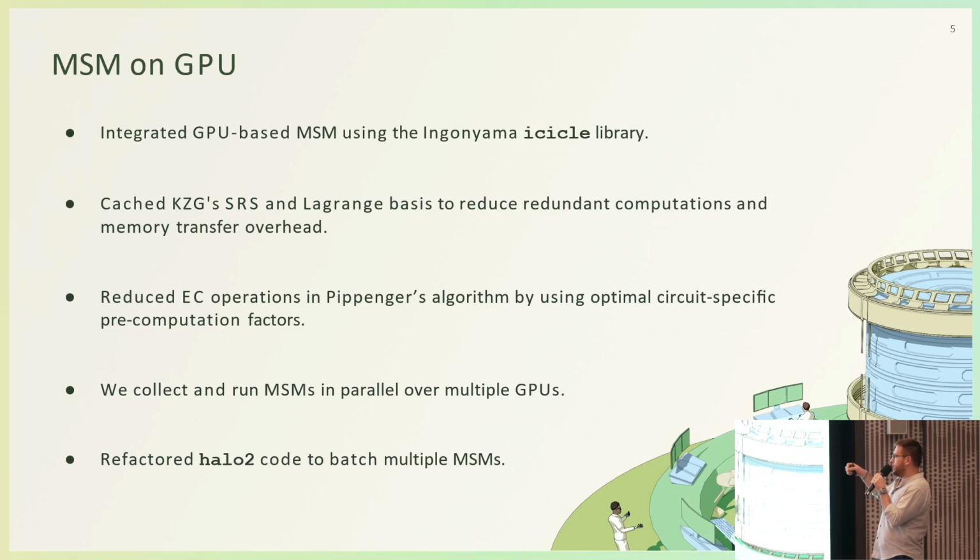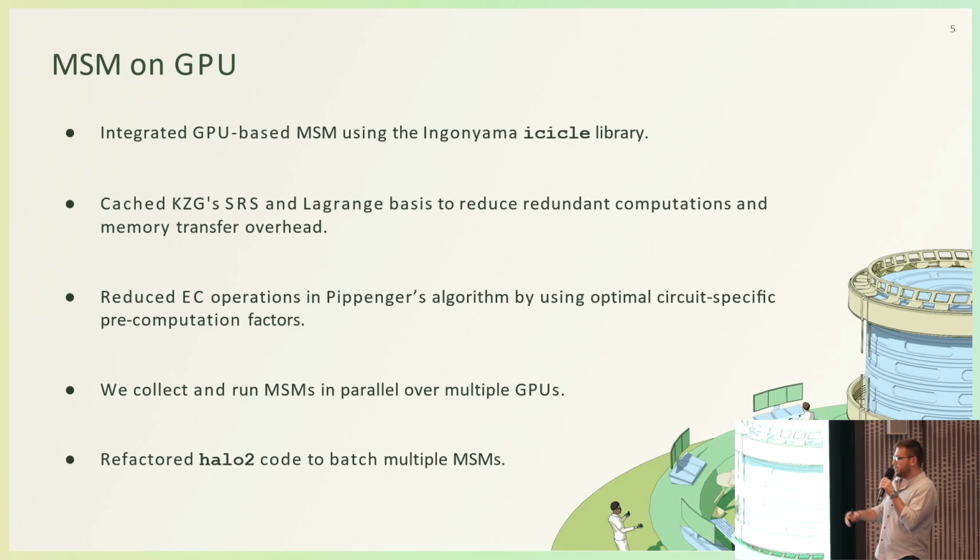We also took advantage of another feature of the ICICLE MSM, the precomputation factor, the PCF. We benchmarked and found the optimal PCF for our circuit, which we will describe later. This is a memory-computation trade-off: we pay a bit more memory to reduce the computational cost of performing large MSMs.